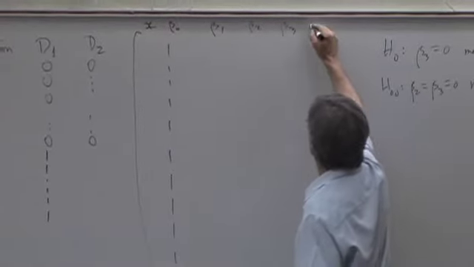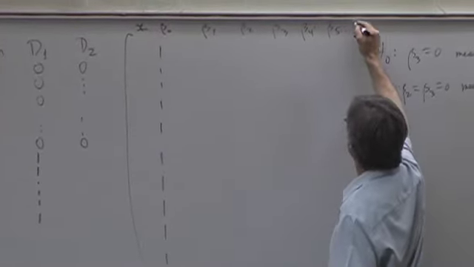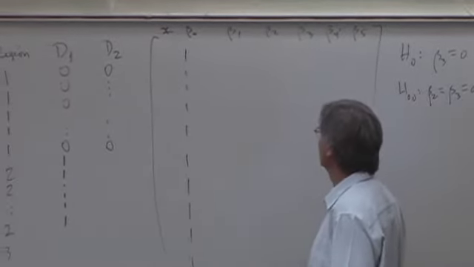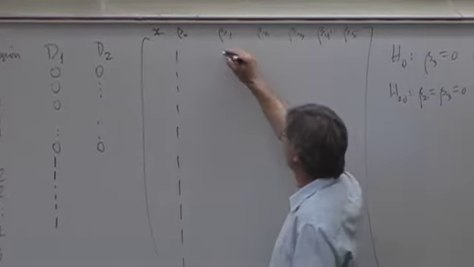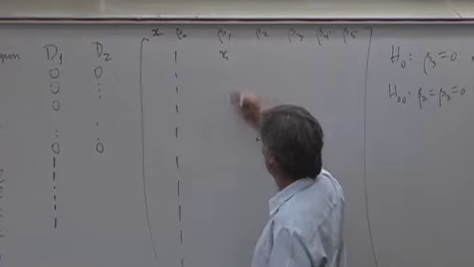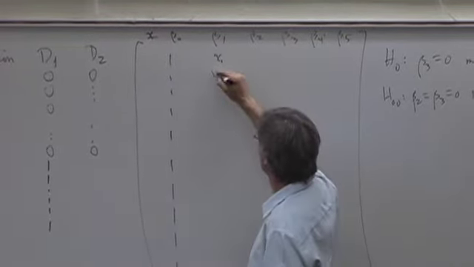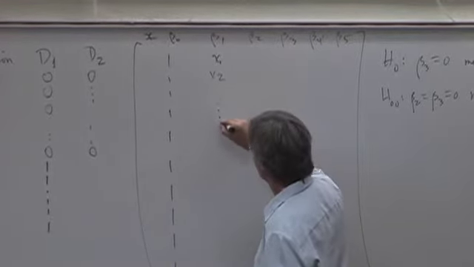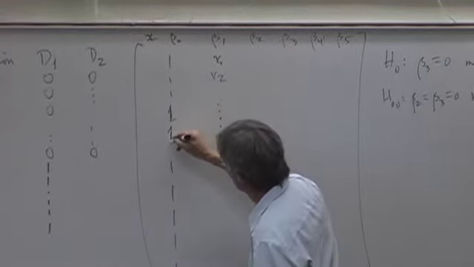I need 6 parameters, including beta 4 and beta 5, because there are 3 lines. Beta 0 and beta 1, so my x's, x1 down to xn. Dot, dot, dot. These are 1s.